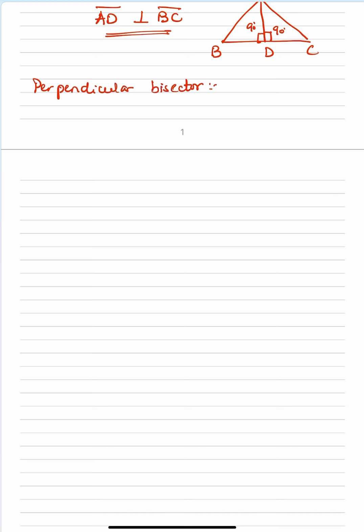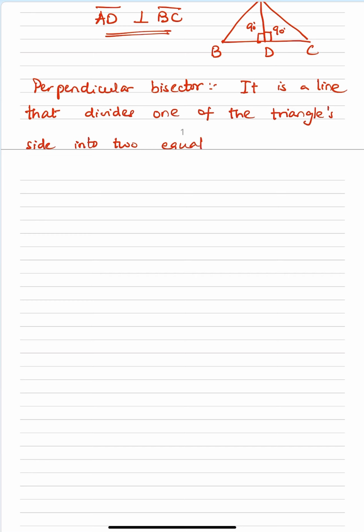Now see, a perpendicular bisector is a line that divides one of the triangle's sides into two equal halves at a 90 degrees angle.